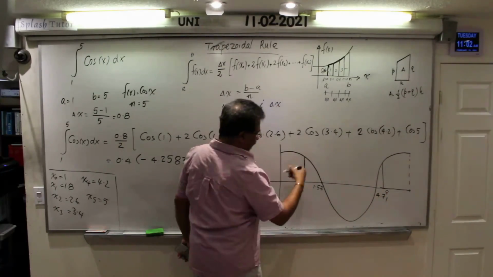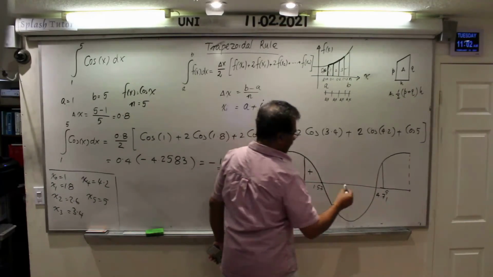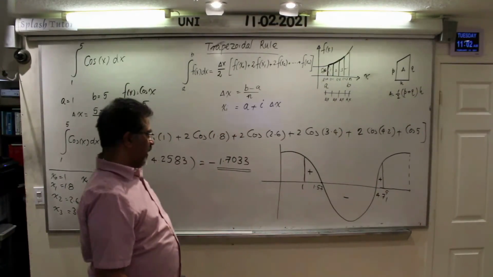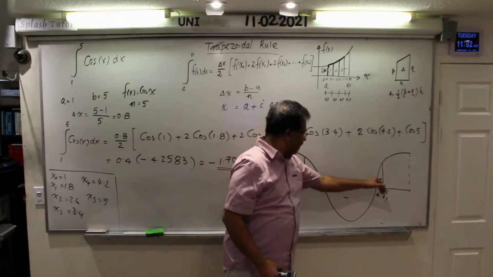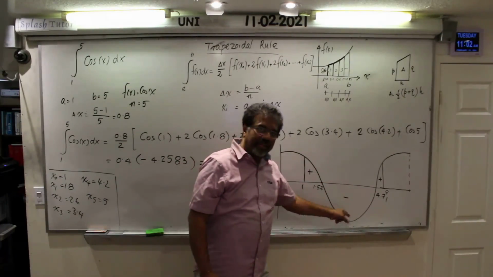Now if you look at this, if I figure out the area, this is positive area, this is positive area, and this is negative area. The negative is bigger than these two positives. When you add together, you get a negative answer.